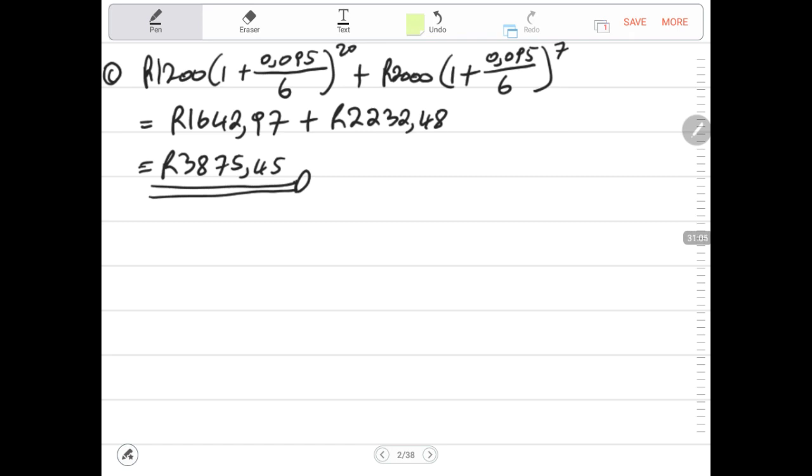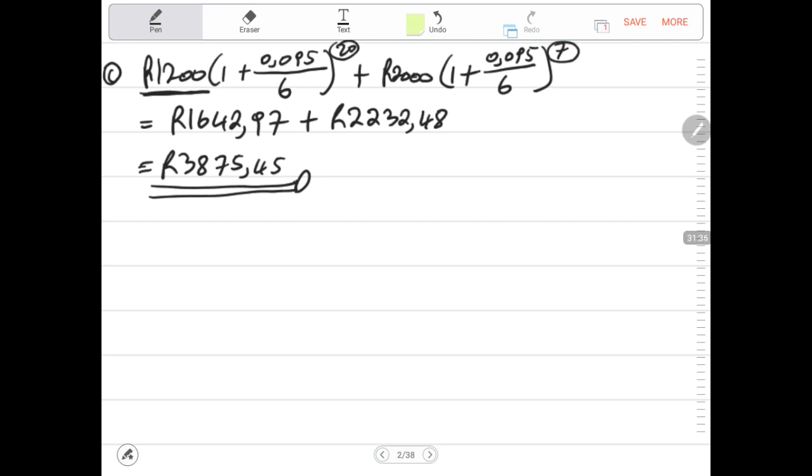So that was the response to question number C. Now, I want to bring this to the formula perspective once again. If you want, you can calculate the future value of the first investment, where you'll have to calculate your N there, and at the same time you can calculate the future value where your N will be 7.